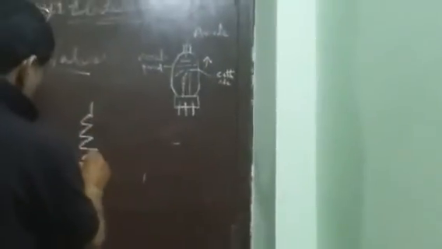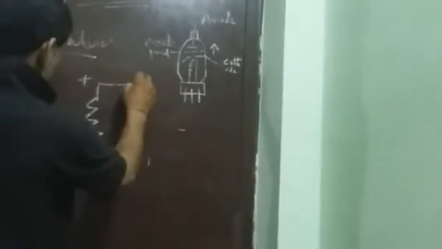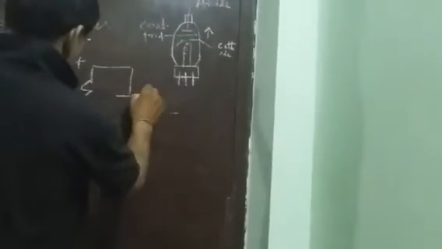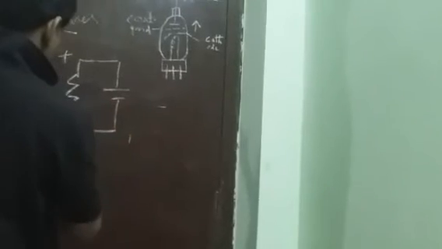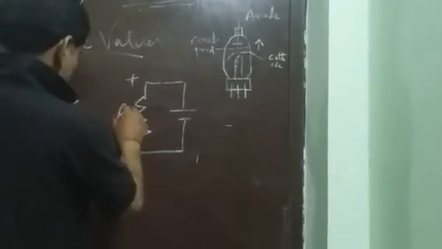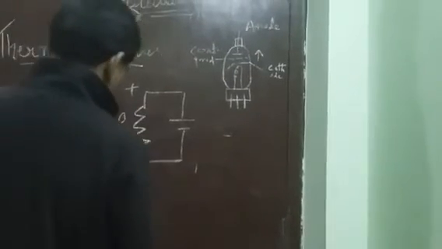Now come to the point, what is a resistive circuit? When a resistance is applied in between two potentials, the circuit is completed, and we call it a resistive circuit. This is a resistive circuit because this is the resistance. Now what is a capacitive circuit?